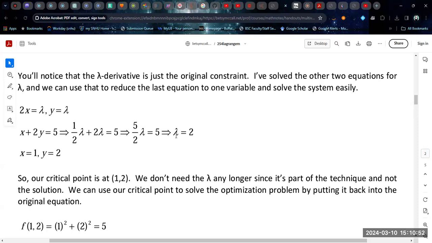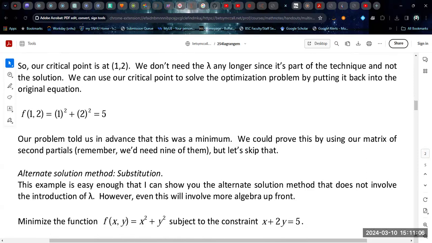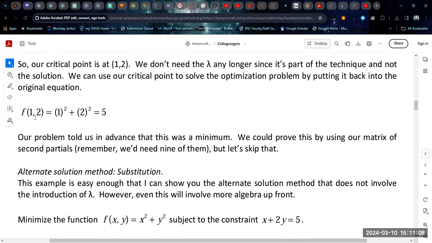That is one way to get to a solution for x and y, but you do not actually need to solve for lambda. But what we conclude, regardless of how we get there, is that our critical point here is at (1, 2). And so the optimal value for our equation subject to this constraint is 5.